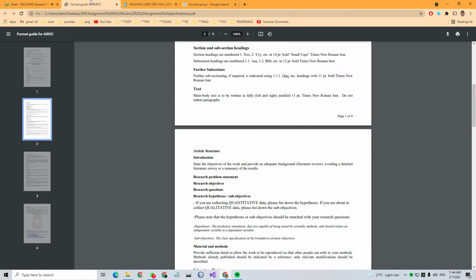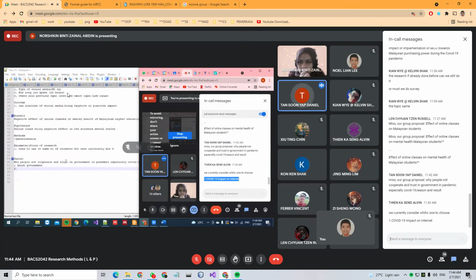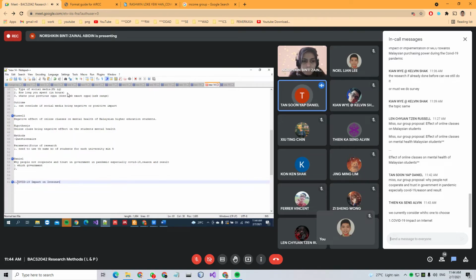But certain people still do not trust the existence of COVID-19. We have a lot of reasons technically for the pandemic itself nowadays.